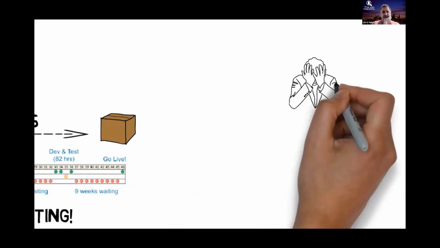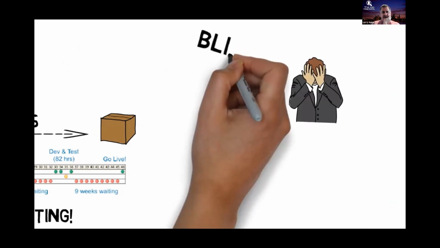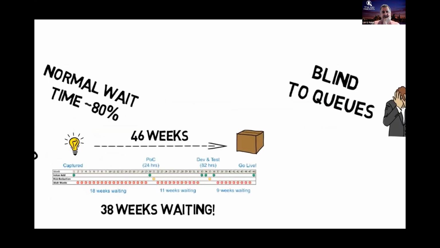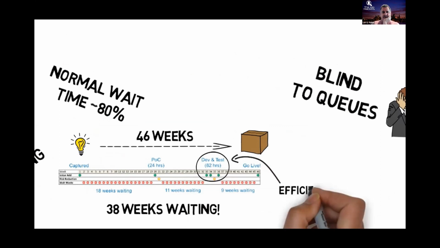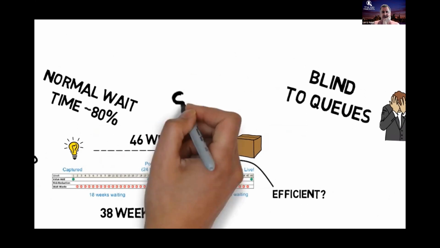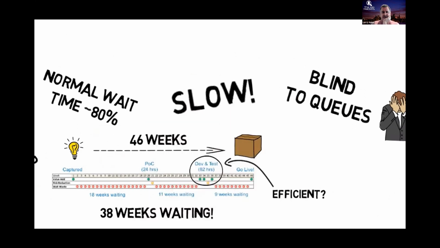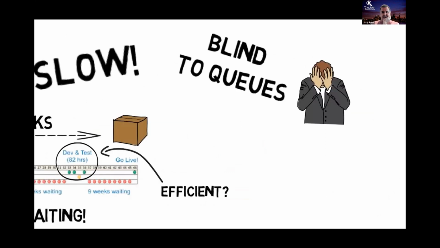The thing is, most organizations are blind to queues. We tend to focus more on the efficiency of the parts of the process, not the whole system that is required to deliver value. This hides how long it takes to deliver value end to end. Part of what drives this blindness is that we have a really poor understanding of how much the delay is costing us.